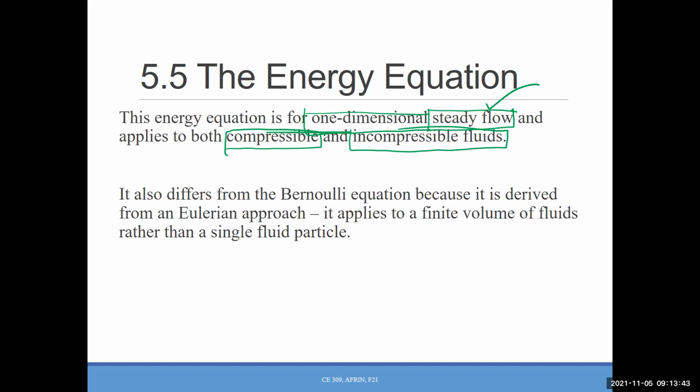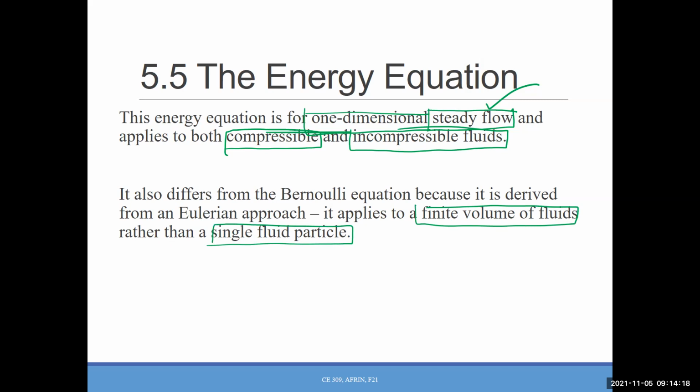If you can remember, we can't use Bernoulli's equation for compressible flow. At the same time, we can't use Bernoulli's equation for viscous fluid, like when the viscosity is very high, but we don't have that problem here. It also differs from Bernoulli's equation because it is derived from an Eulerian approach to a finite volume of fluid rather than a single fluid particle, which was the basis for Bernoulli's equation.